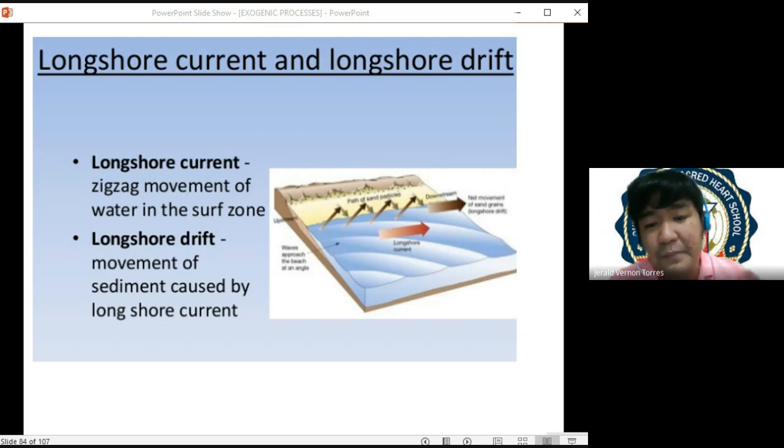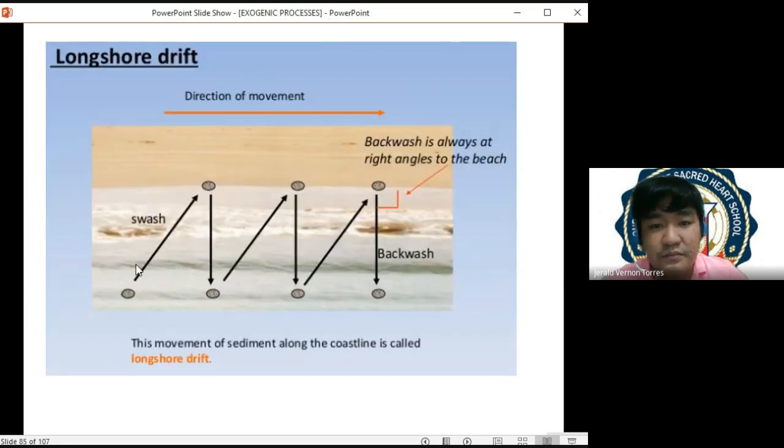So when a current occurs across the coastal area, its pattern is zigzag. How does it become zigzag? Look. It goes diagonally toward the coastal area. Then when it backwashes, it is in a straight line. So swash, backswash, swash, backswash.